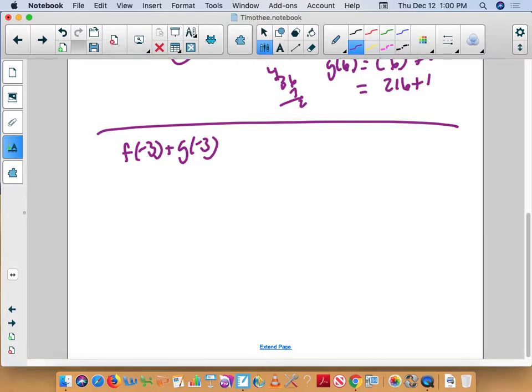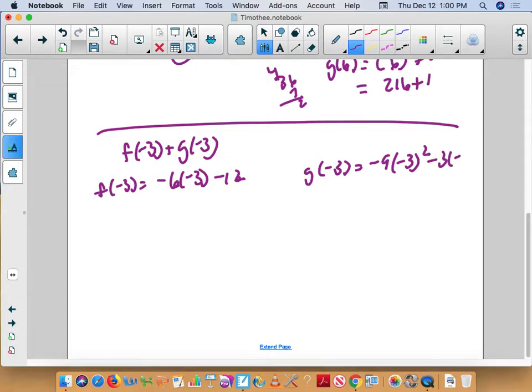All right, so I'm going to find f of negative 3. f of negative 3 is negative 6x minus 12. Then I'm going to find g of negative 3, which is negative 9x squared minus 9x. Okay, this one, a negative times a negative is positive 18, minus 12 is 6.